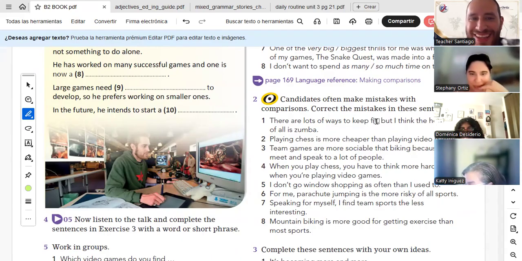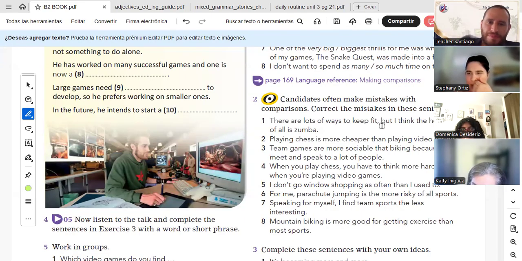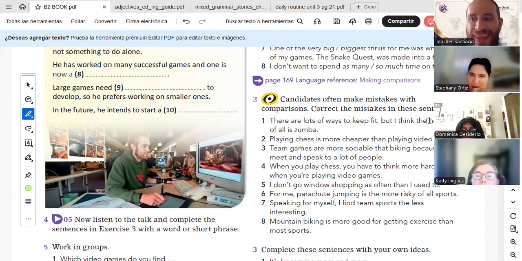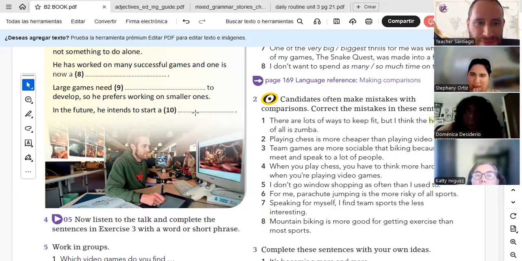Okay. The mistake here is this person is using a comparative. And we're talking about the most of what? El más más. So we have to use a superlative. So there are a lot of ways to keep fit. But I think the healthiest of all is Zumba.